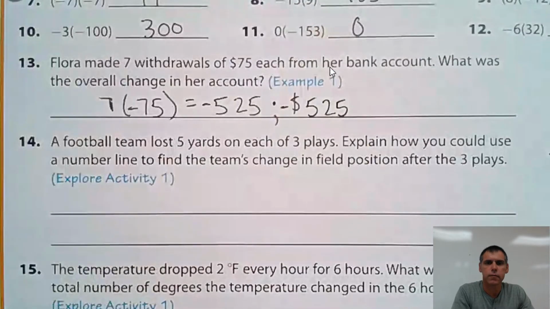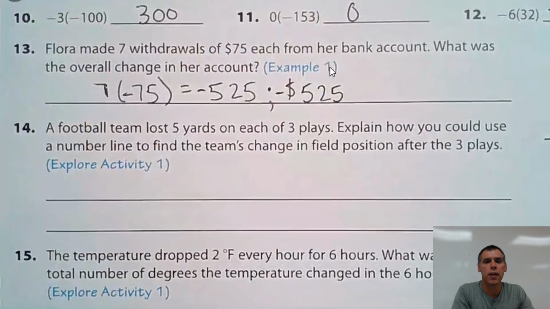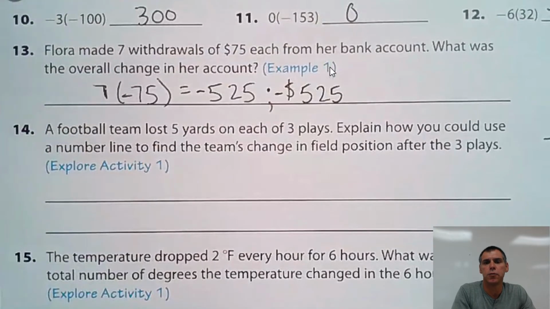A football team lost 5 yards on each of 3 plays. Explain how you would use a number line to define the team's change in field position after 3 plays. Well, this goes back to the explore activity.